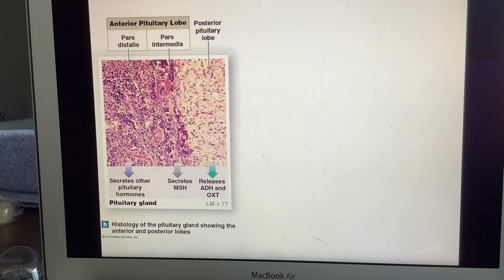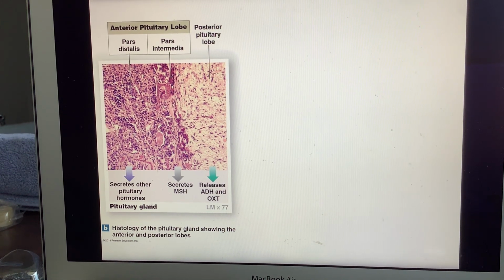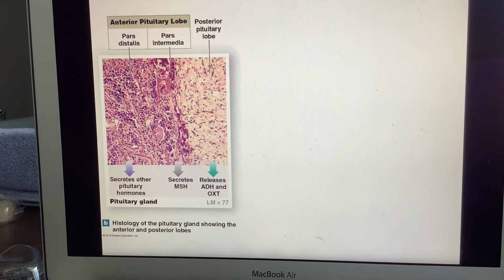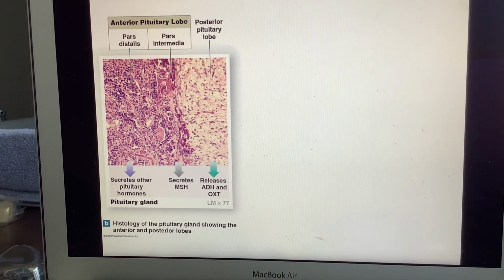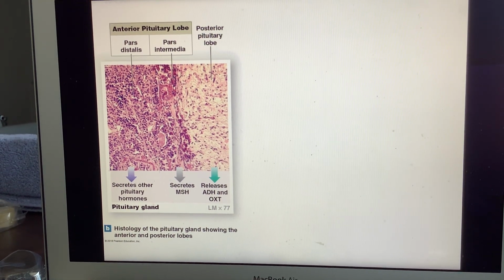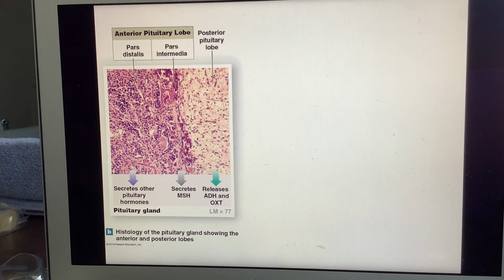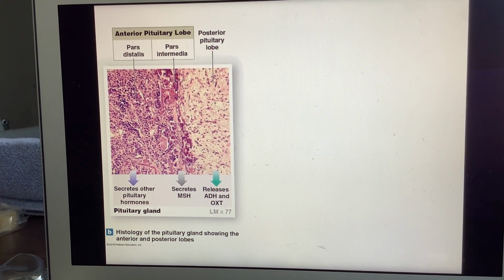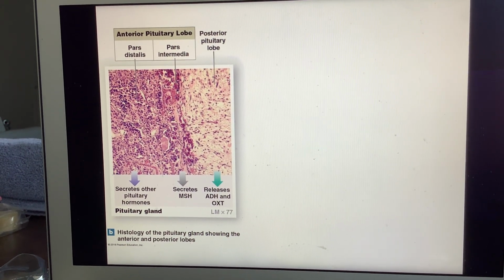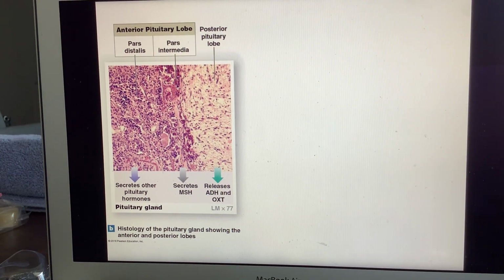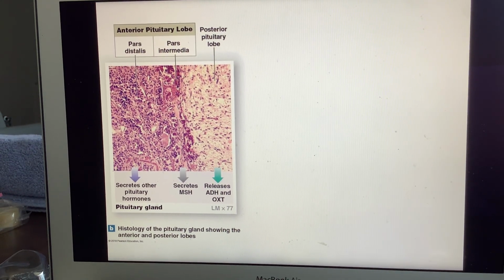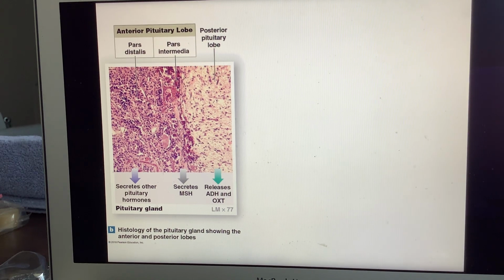I wanted to explain to you the difference between the anterior pituitary and the posterior pituitary. This is figure 18-5 on page 621. The reason I want to distinguish between that is because when you take a look at the lab objectives, you can see that you will have to distinguish between the anterior pituitary and the posterior pituitary, and it's fairly easy to do.